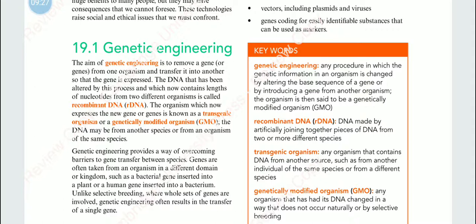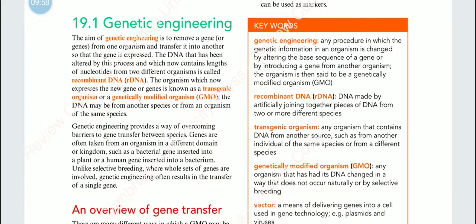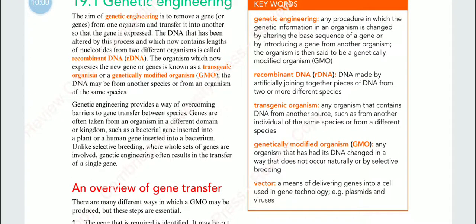The resulting DNA would be known as recombinant DNA, small r, capital DNA. The organism which expresses the gene is known as a transgenic organism or genetically modified organism.